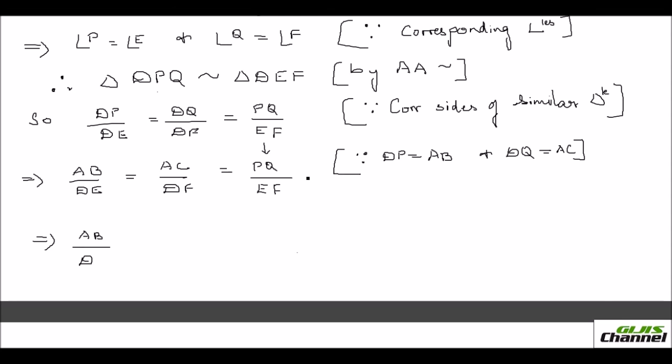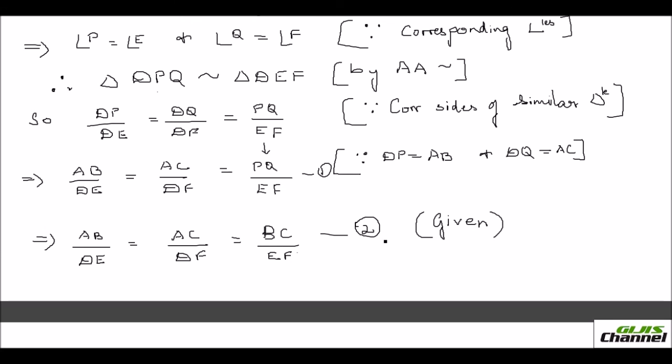I can also equate this AB over DE. This I take as equation 1, okay? AB over DE, AC over DF, BC over EF is what is given, right? This is already given, is it not?